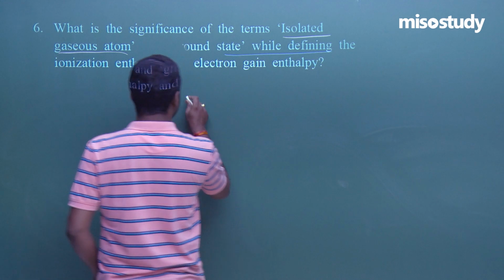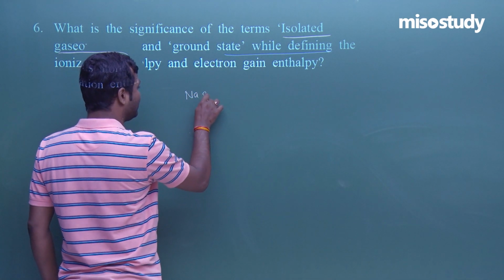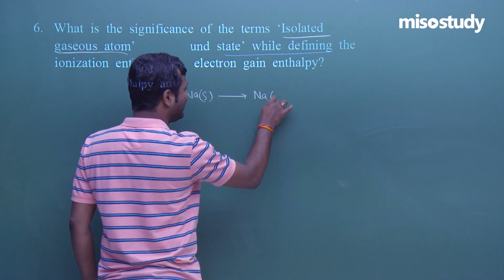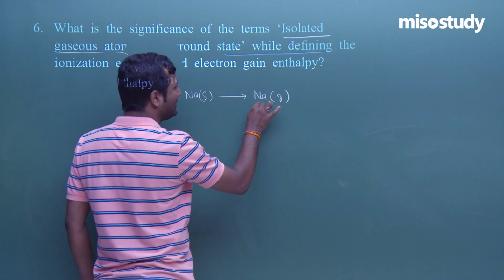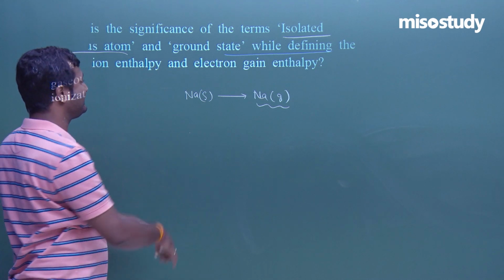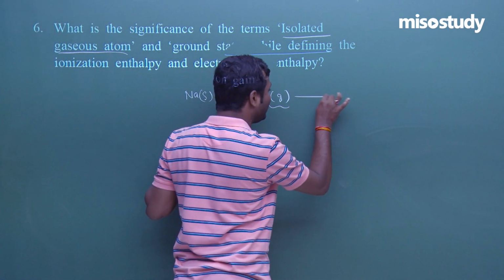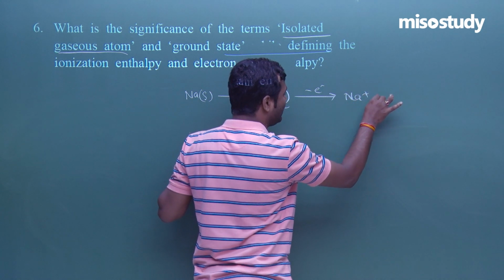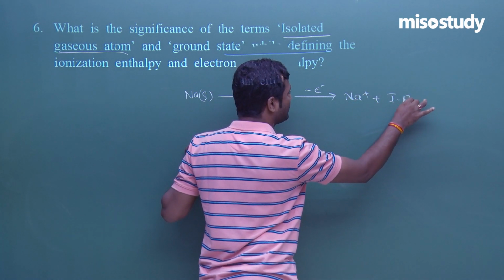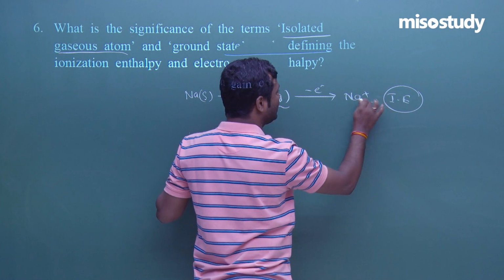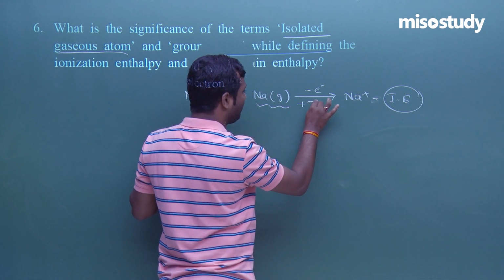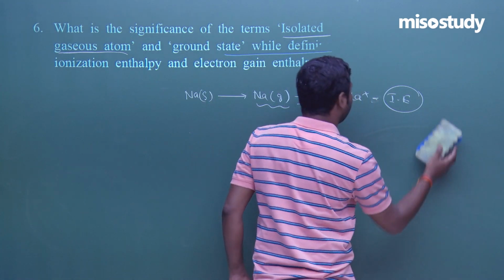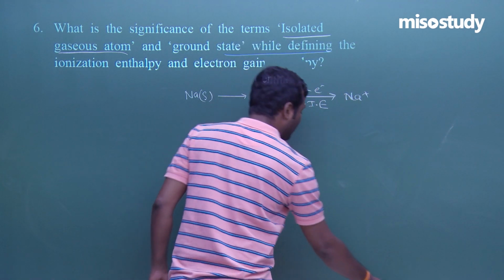Suppose I write Na, which is in a solid state. First convert it into the gaseous state, that is the isolated gaseous atom. Now you can easily remove an electron from this, and this is known as ionization energy, that is, the energy required, plus IE. The energy required to remove an electron from the outermost shell of an atom.